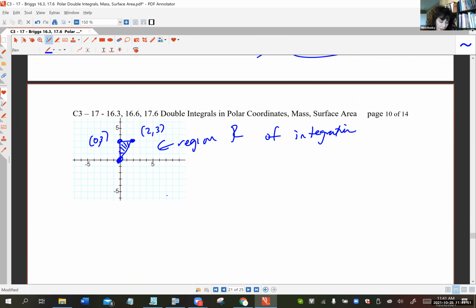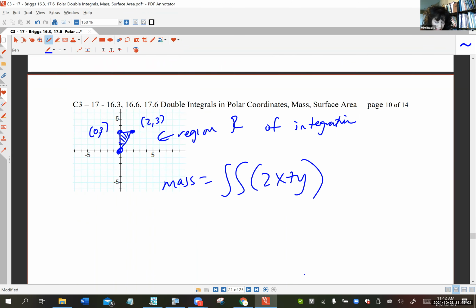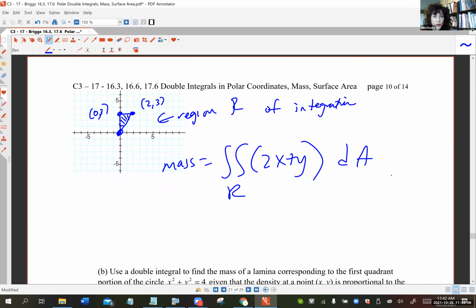You're like, thank you. So your mass is going to be the double integral over this region, and you're just going to put the density function right here in the integrand. Now, before I iterate this integral, you're going to have to do a little bit of work. This diagonal line here, you need to figure out the equation for that diagonal line.